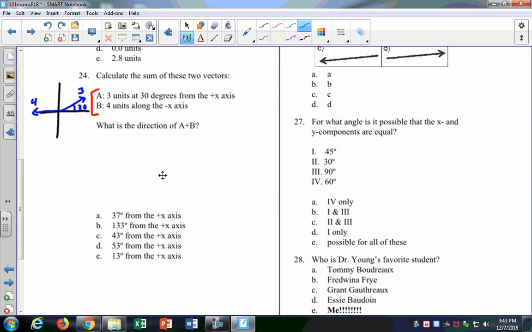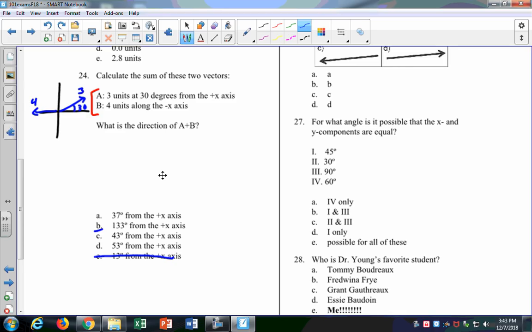I know that this can't be the answer, E, because that would put the resultant here, and I know that it has to lie somewhere between 30 and 180. I can probably get rid of A, C, and D. Does anybody know what the answer is? It's probably B, just looking at this. But I'm not certain of that, so I probably want to work through it. If I get B at the end, I say, oh, that fits with what I think it should be.